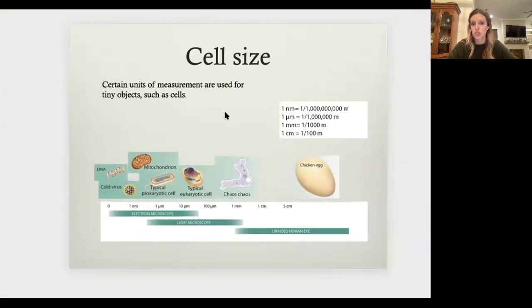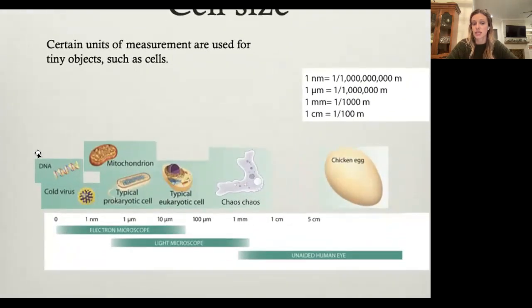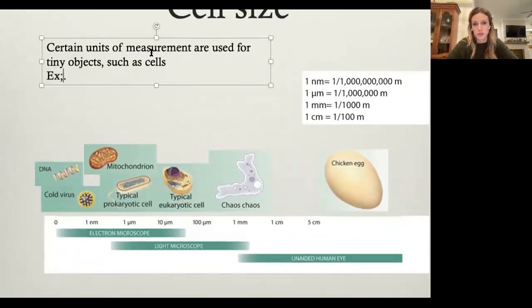All I really want you to know is that DNA is going to be less than 1 nanometer. So I'll write this out for you. An example of cell size: certain units of measurements are used for tiny objects, cells. This is exactly what I want you to write.